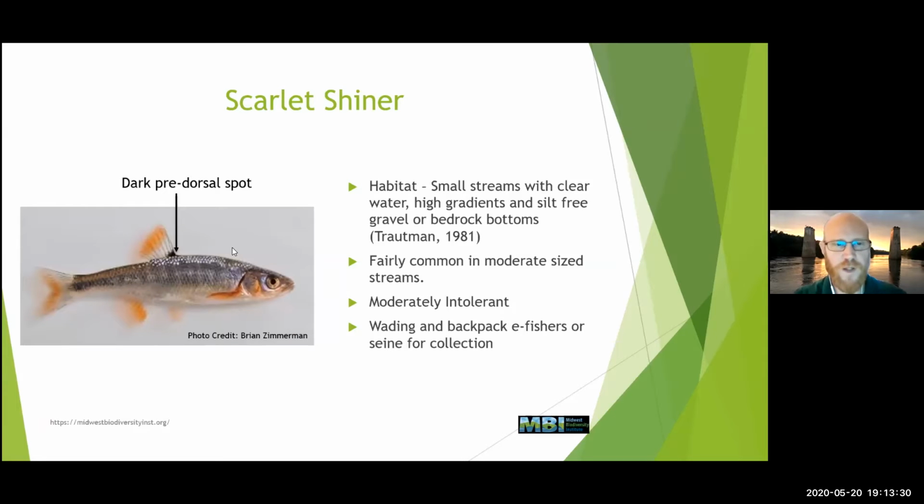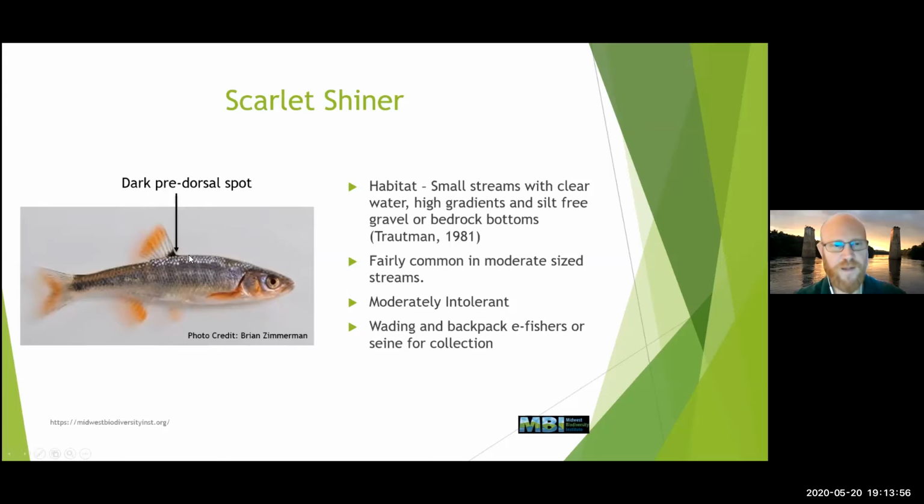So immediately, if you see a dark spot on the dorsal fin going onto the body, you're probably looking at a scarlet shiner, especially if you're in a smaller stream. These guys will also have a lot of anal fin rays, I think around 9, 10, maybe even more.